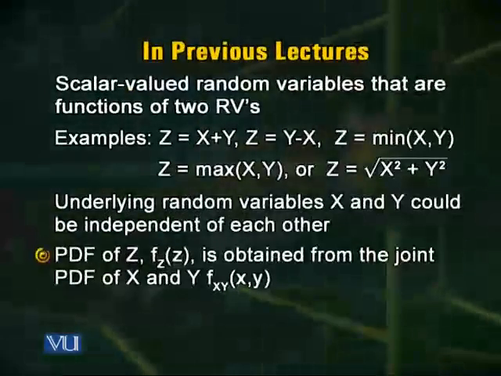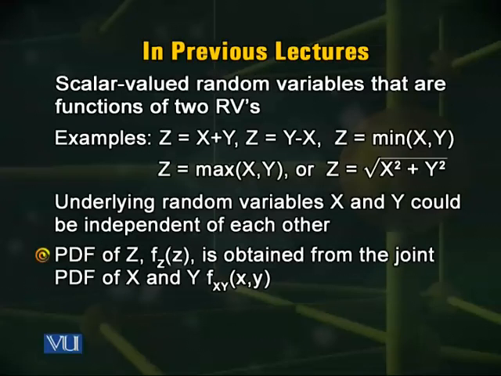This question can be answered directly from the joint PDF of X and Y, or actually it can be answered by working directly with individual PDFs of X and Y.